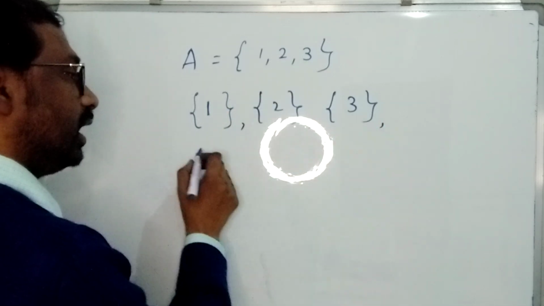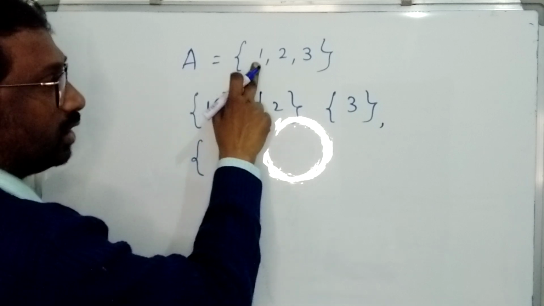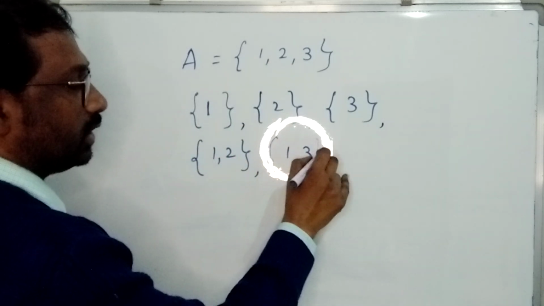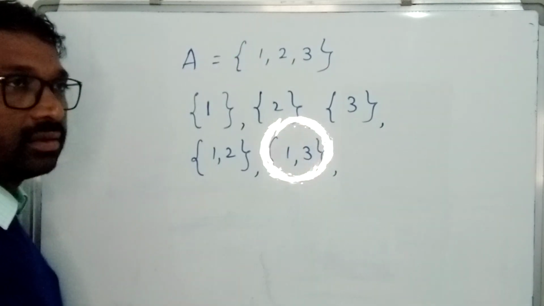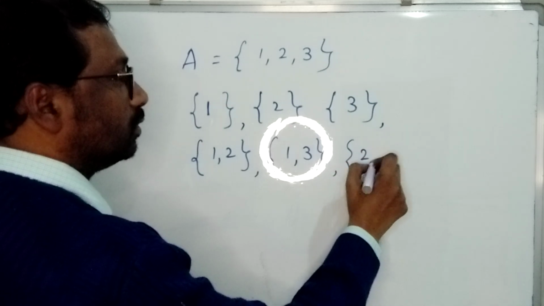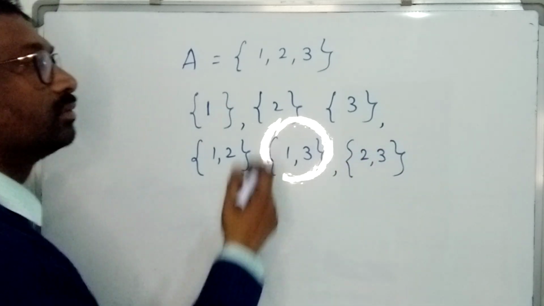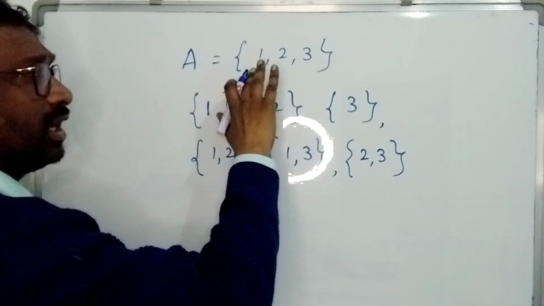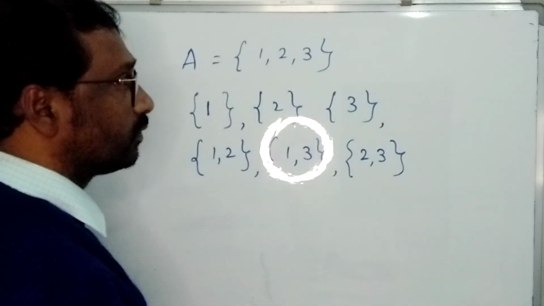So take one element. After that, take 2 elements starting with 1 comma 2, 1 comma 3. So by 1 it is over, then start with 2. So 2 comma 3. Then we don't take 3 comma 1 in reverse, because 3 comma 1 and 1 comma 3 are both the same.